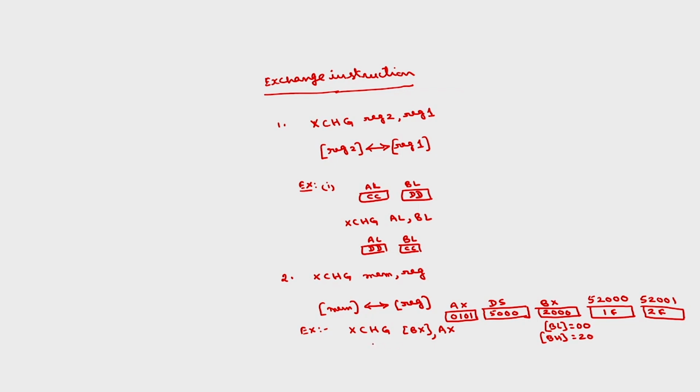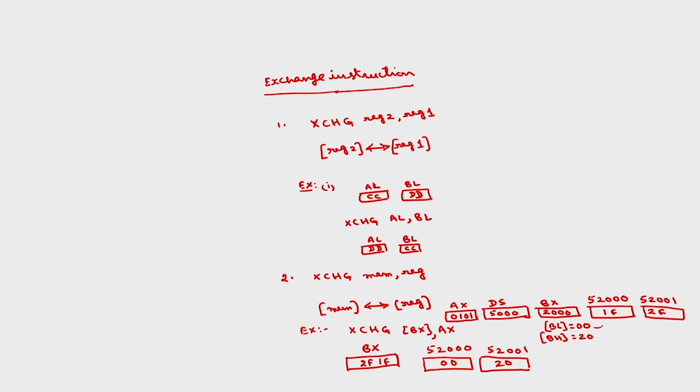After this, the contents of BX become 1F 2F, and the contents of 52000 will become 00 and 52001 becomes 20.